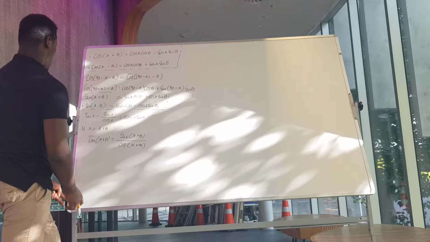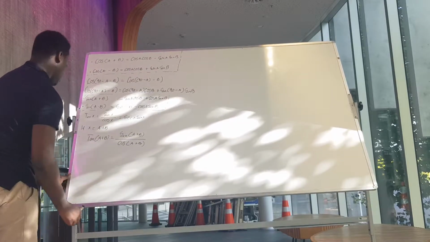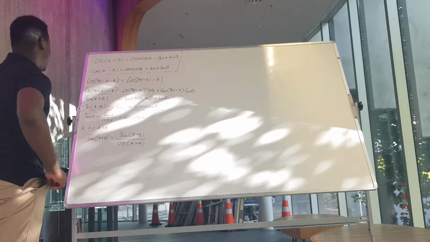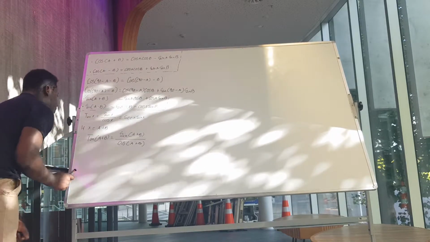So tan a plus b is going to be, to expand this now, sine a plus b is there, cosine a plus b is there.